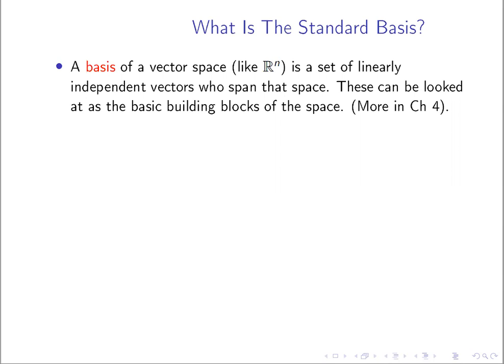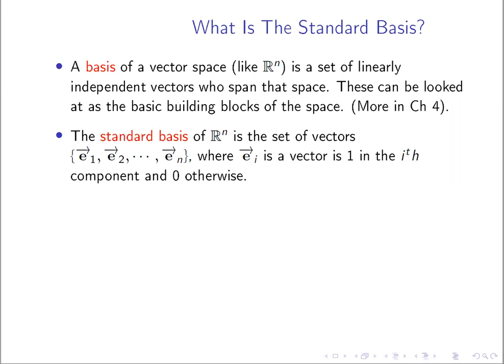So we have real numbers, n dimensions. Now the standard basis is a set of vectors that we label E1 through En. E stands for elementary, by the way, where Ei is a 1 in the ith component and 0 otherwise. So for example, if I have R4, and I'll write this out nice and pretty in a second, so we have 4 components.